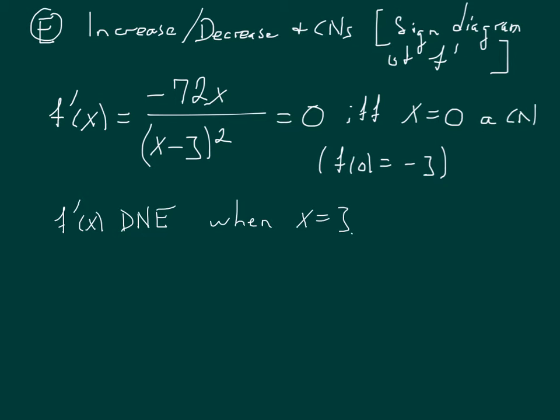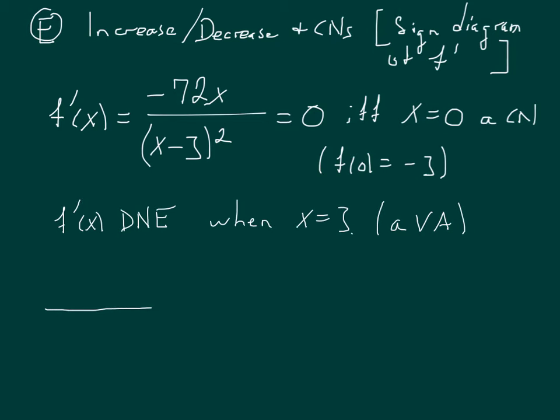This isn't going to be a critical number because x equal to 3 isn't in the domain of f. The critical numbers are those numbers in the domain of f where the derivative is 0 and where the derivative doesn't exist, but because 3 isn't in the domain, this isn't a critical number. Let's just write down that this is in fact a vertical asymptote.